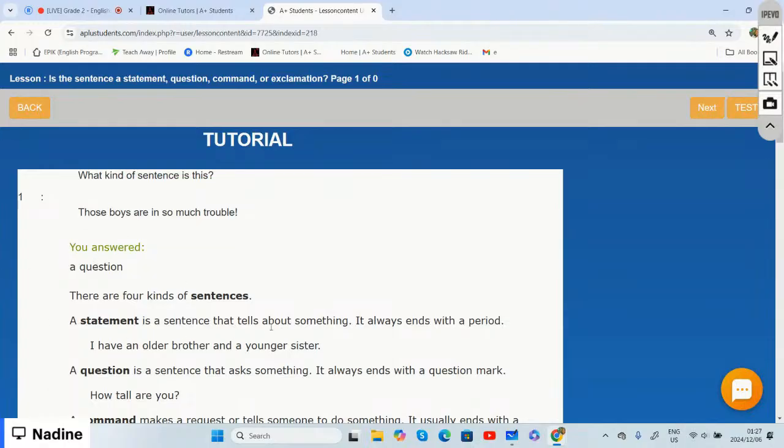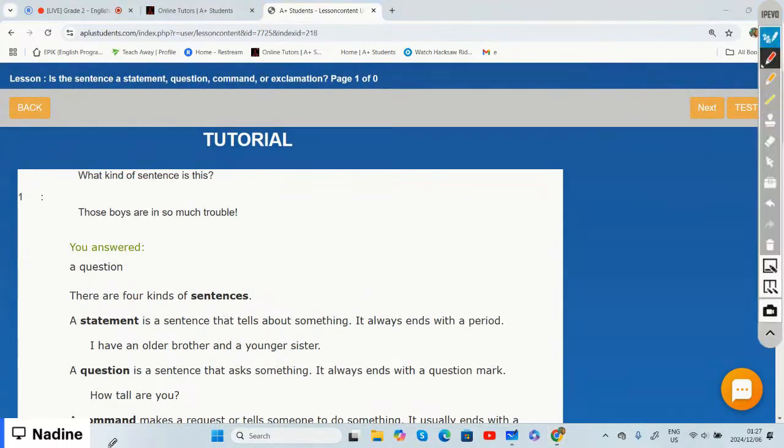So if we say those boys are in so much trouble, yes, that is an exclamation sentence. That is correct. It's an exclamation sentence because it's probably showing strong feelings. Well done. And it ends with an exclamation point.